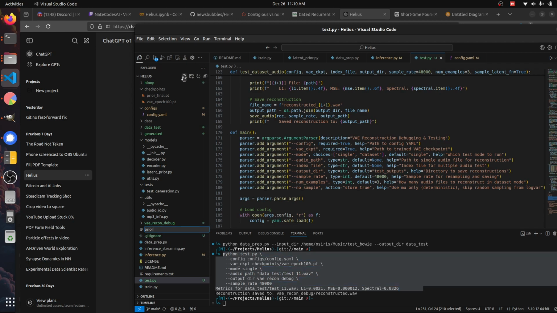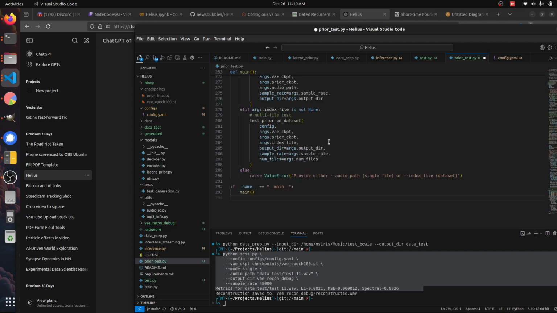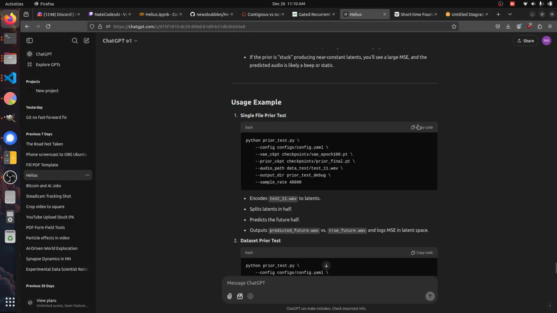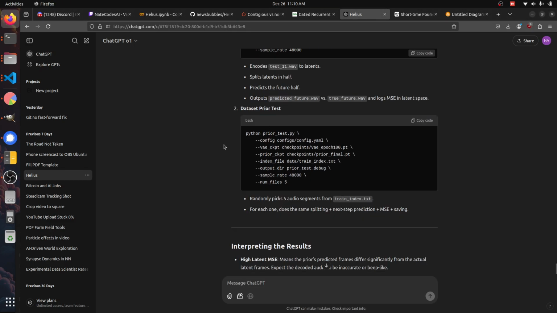Prior. Okay. And instead of grabbing all this, okay, fine. Single file prior test, dataset prior test.